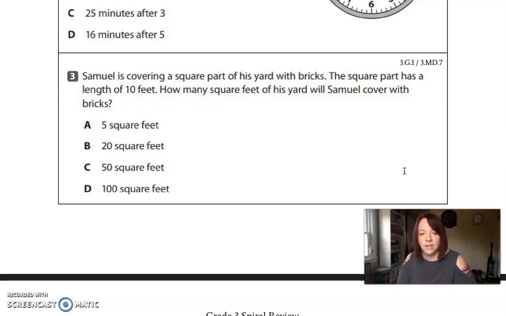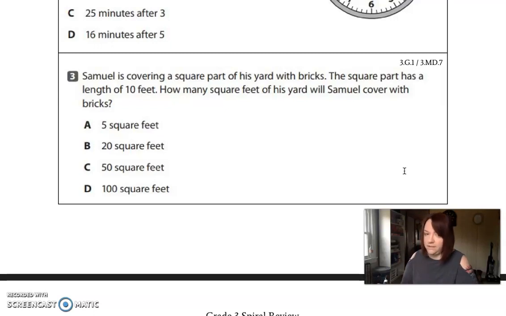Well, let's see. The square part has a length of 10. He wants to cover his yard with bricks. So that means we need to find the area, not the perimeter.